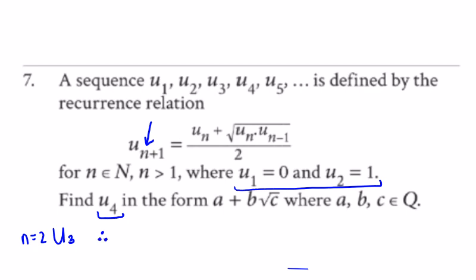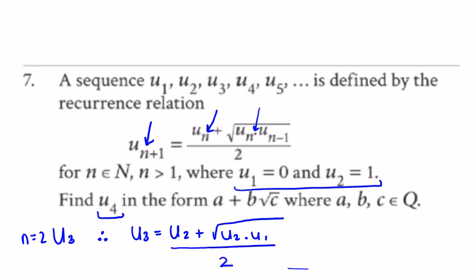So therefore we get u3 is equal to u2 plus the square root of u2 times u1 (this is a multiply symbol here), because n is 2, and then the whole thing is over 2. So this is equal to u2, which is 1, plus the square root of u2 times u1. Well, anything times 0 is 0, so that's 0 over 2. So that's just equal to 1 over 2.